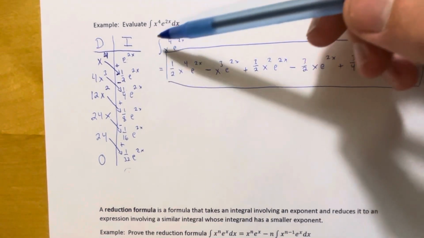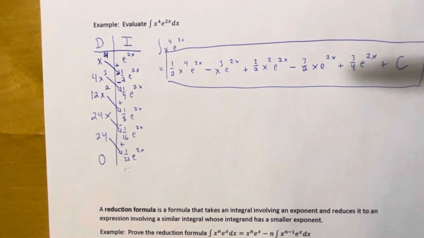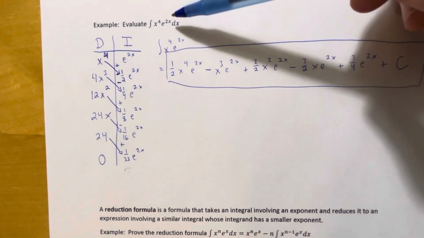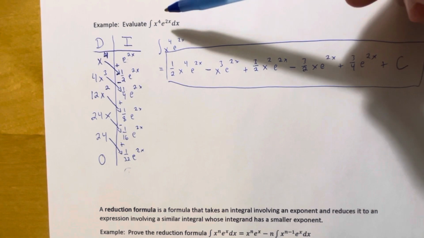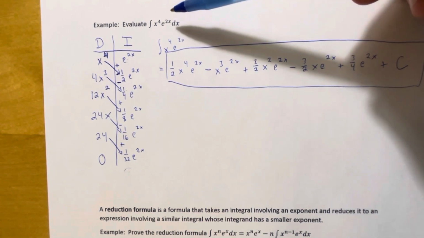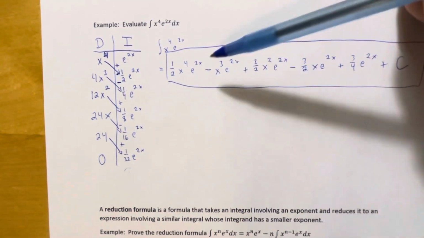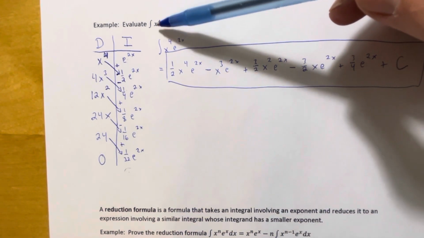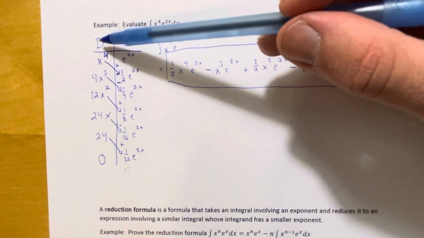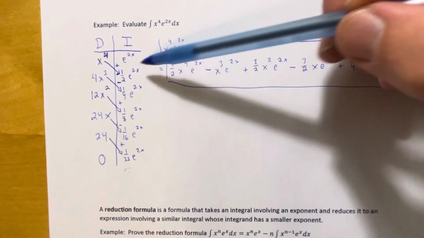But now that you know how this technique works, this thing here, which would have required several iterations of integration by parts, can be handled much more quickly by setting this x to the 4th term as my first u, and then the e to the 2x term here.